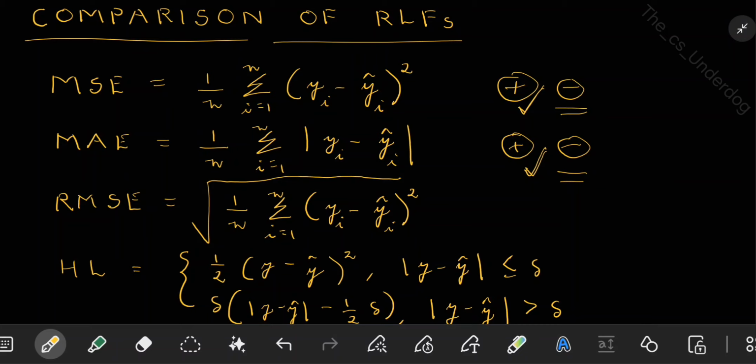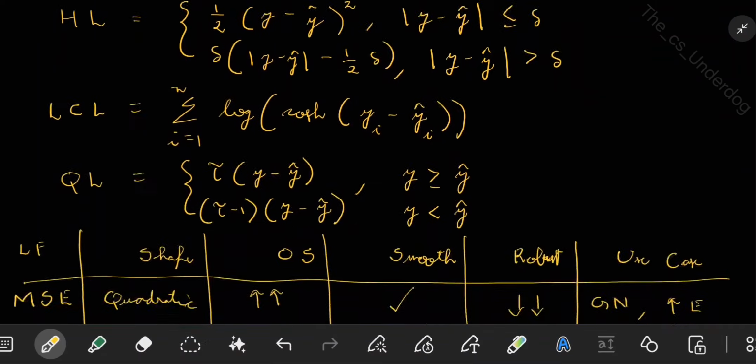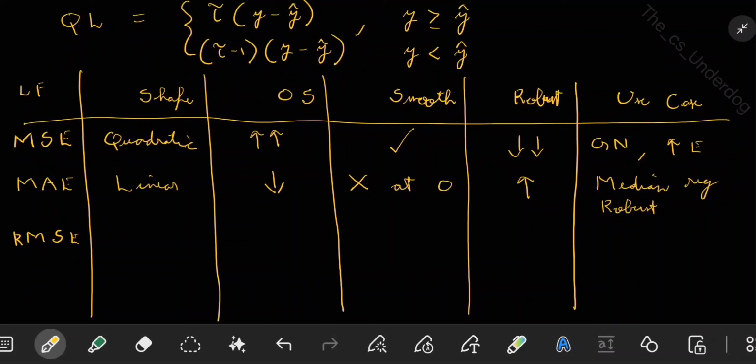But at the end of the formula, after taking the sum and the mean, you take the square root, which means the scale of the error comes back to the actual scale of whatever input you provided. Because you have the input in the original scale, and you are also making sure that it is outlier sensitive. This is the point with RMSE. Then what happens?